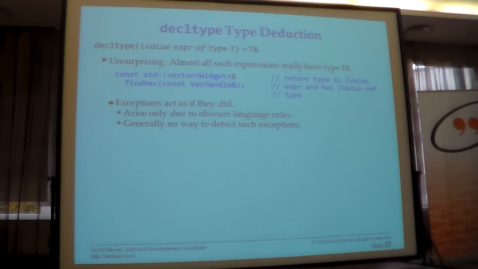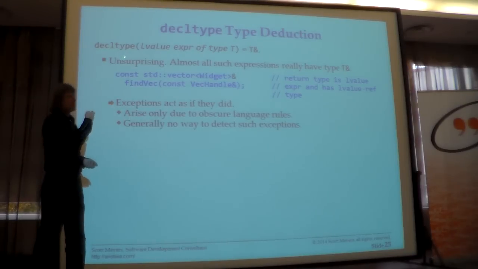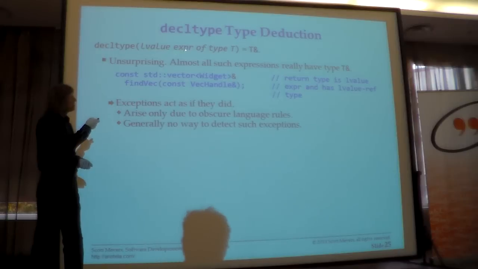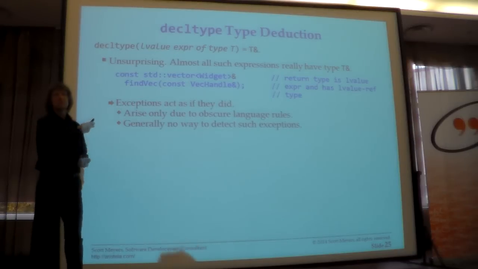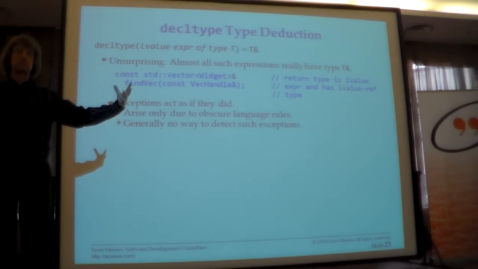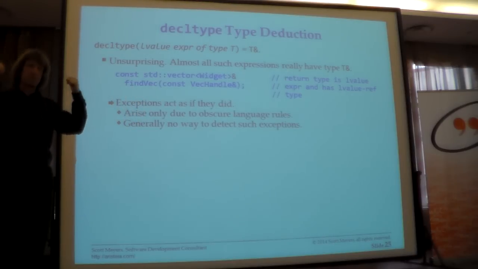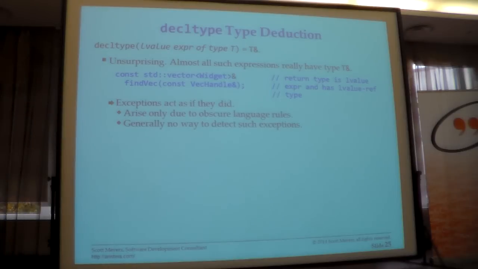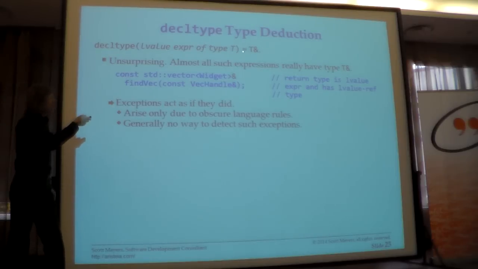There is a special rule in decltype. If you say decltype and then you give it some lvalue expression, some expression which is an lvalue, then decltype will give you an lvalue reference as the resulting type.